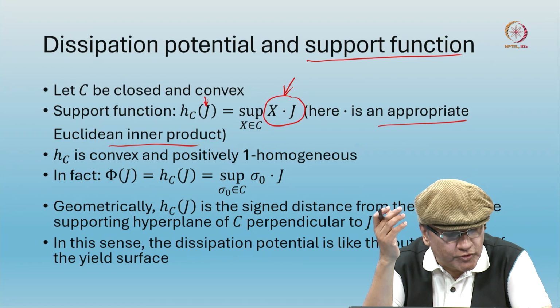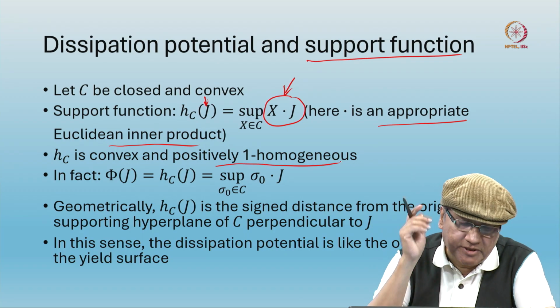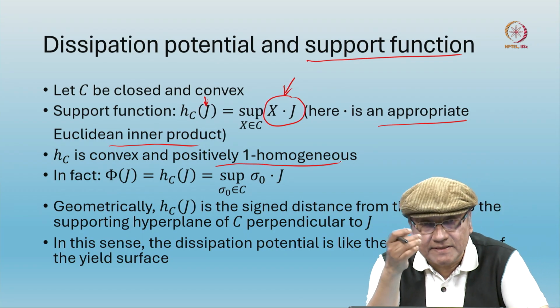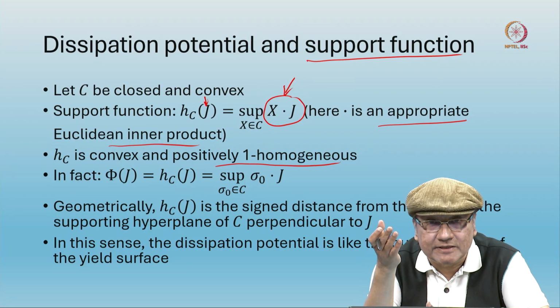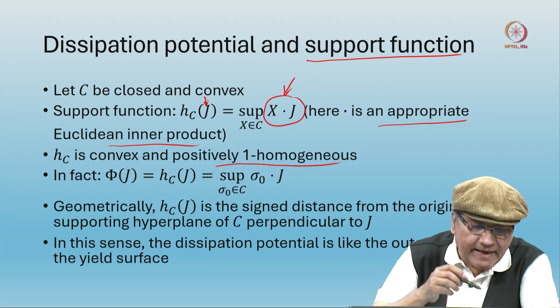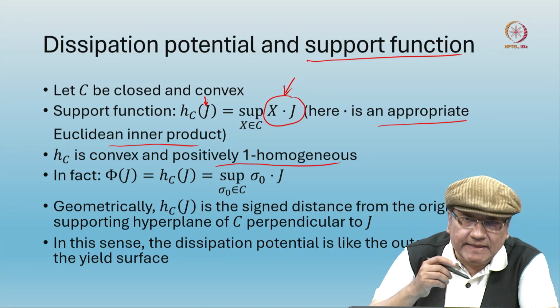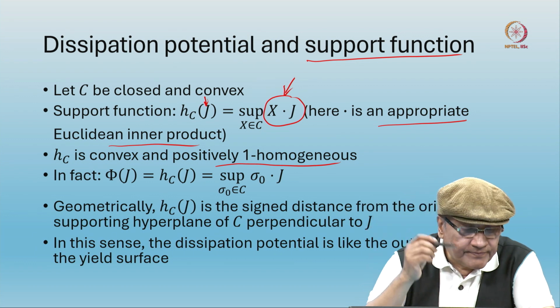This turns out to be a convex function. It is also positively one homogeneous. This is a good exercise for you to check based on the basic definitions of convexity and one homogeneity, that indeed H_C(J) is a convex and one homogeneous function.